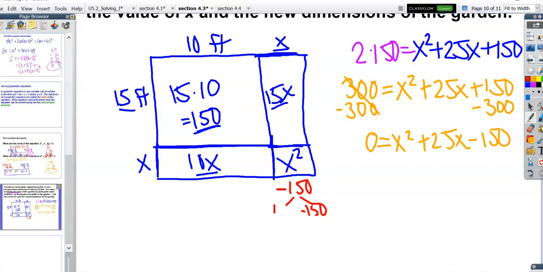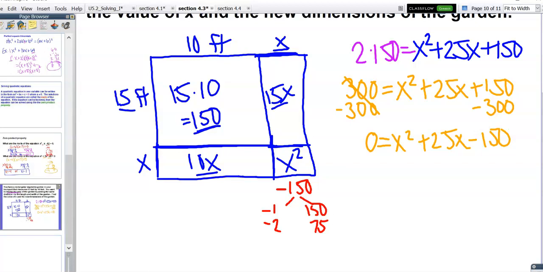Always start your list with the number 1. That's not going to work for us. And sorry, we're adding the middle term, so the smaller number should be negative. So negative 1 and 150. Nope, negative 1 plus 150 doesn't make 25. Negative 2 and 75. Nope, that doesn't add to make 25.